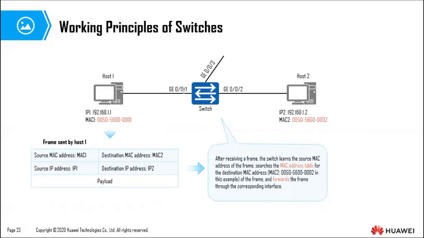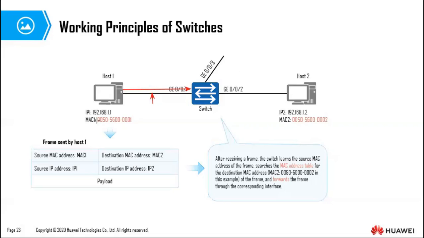The switch will also break or isolate collision domains, so a collision can only occur here. Unlike the bus topology in the early Ethernet networks, where devices were sharing the same bus. So here, no.